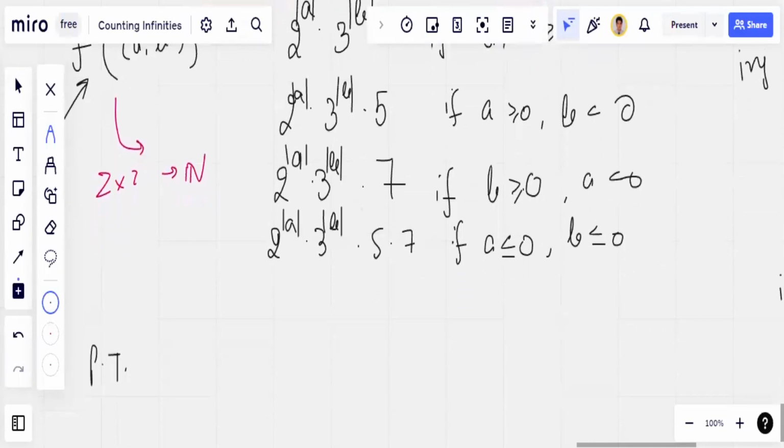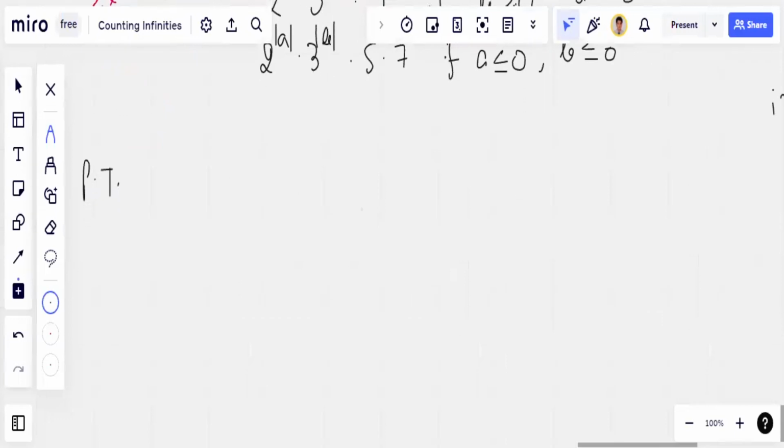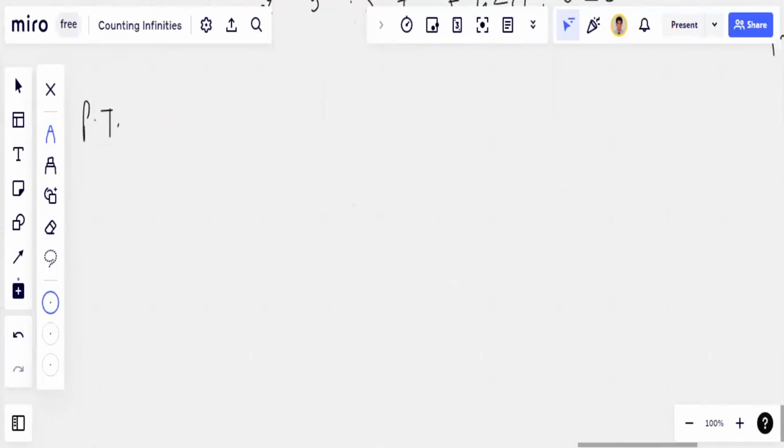Okay, one person found the map from Q to N. Anyone else? Any ideas?